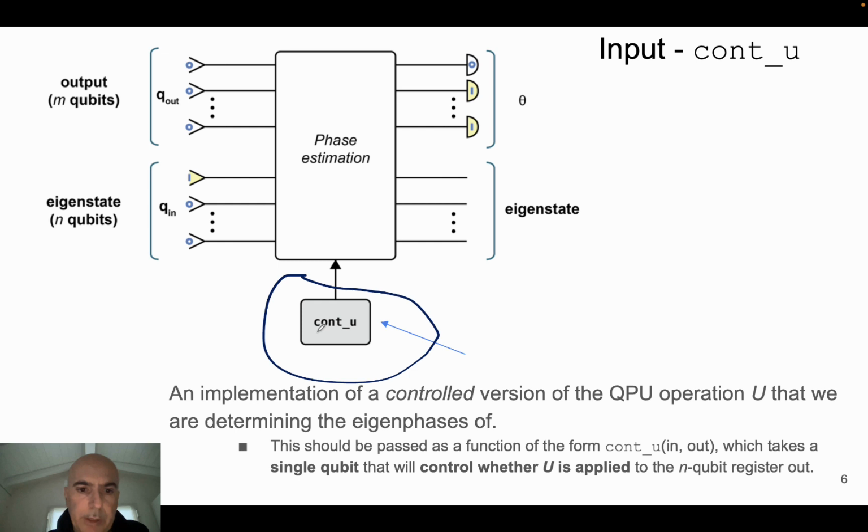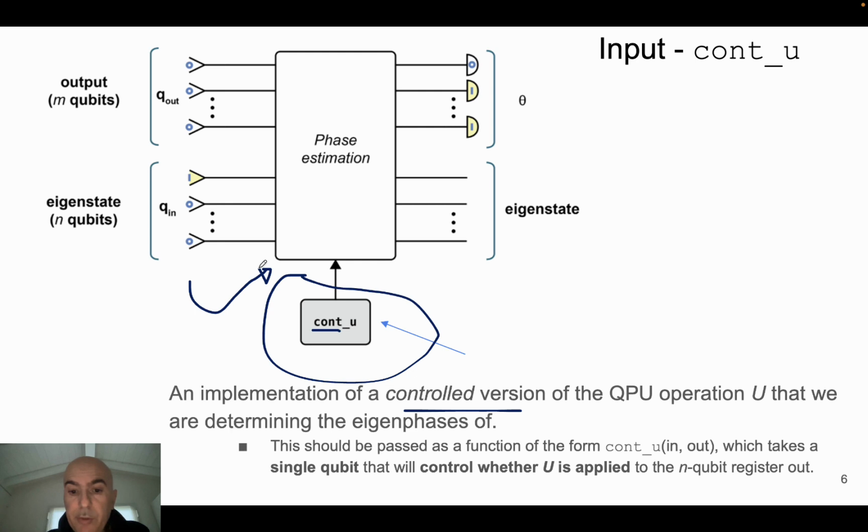To do that, we introduce a special formulation of the quantum gate, which is a controlled version of the quantum gate whose eigenphase we want to know. So an implementation of the controlled version of the operation U, whose eigenphase we are determining, is the input of this quantum circuit for the phase estimation.